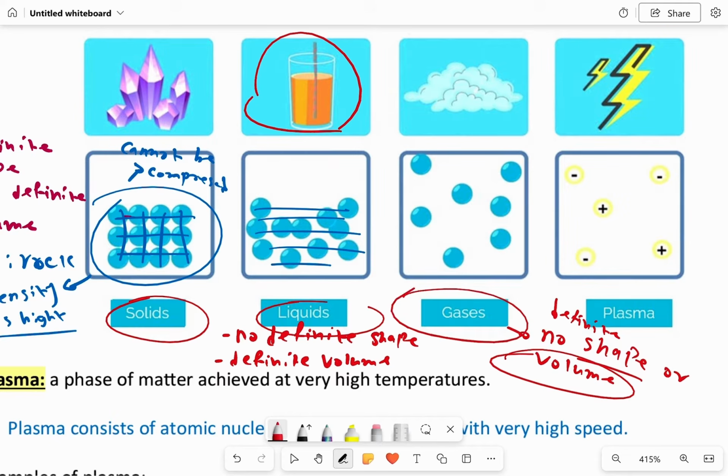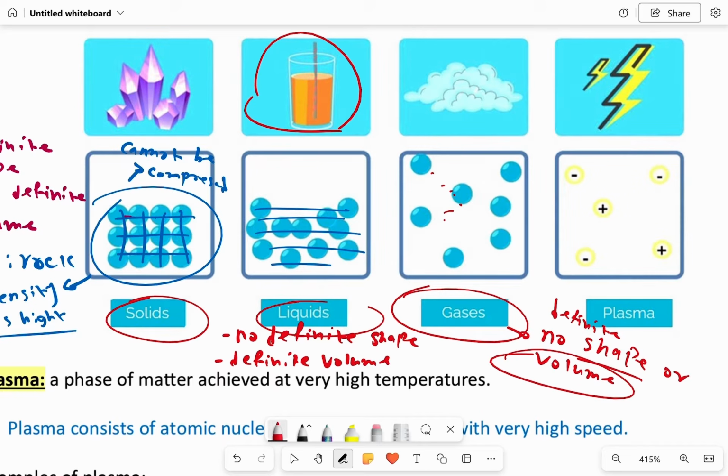So we can conclude from that because the distance between the atoms of gases is really high, it's too great, it gives gases the property of not having any definite shape, okay? And it gives them something else.